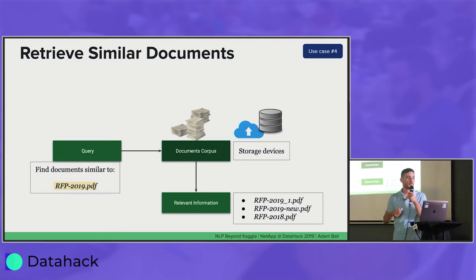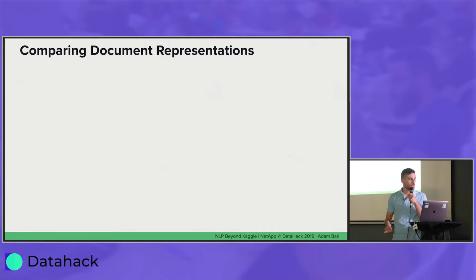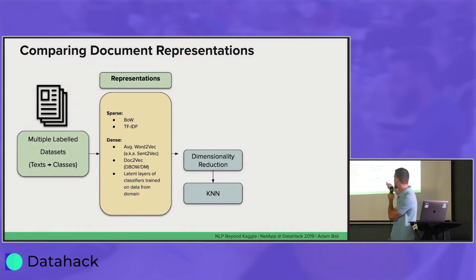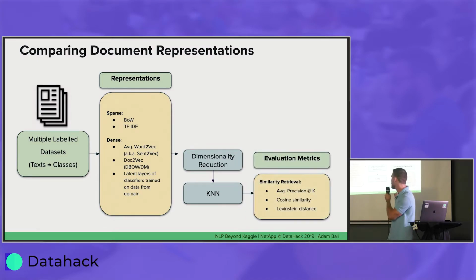So I'll focus on the first part, which is how to encode. So far, our available datasets and representation remain the same, but this time I'm using a k-nearest neighbors engine instead, and some other evaluation metrics on retrieved documents.